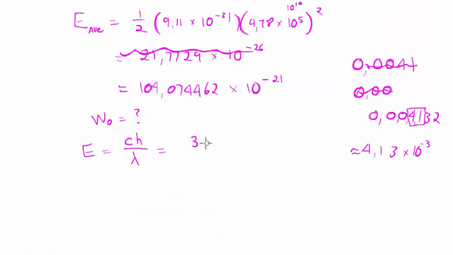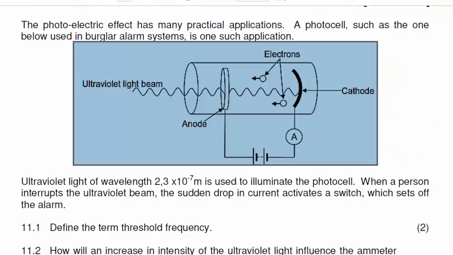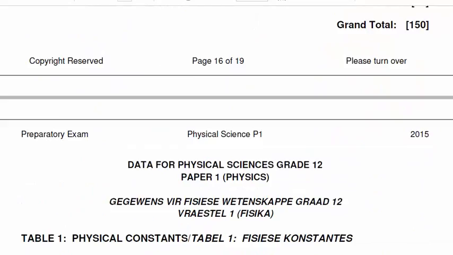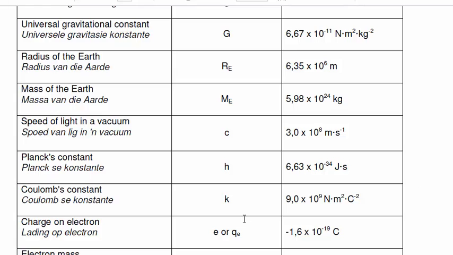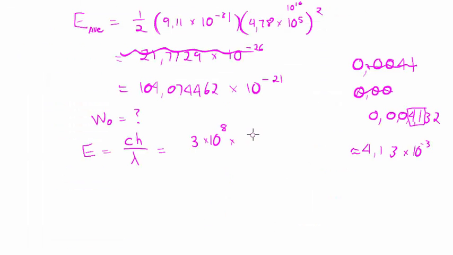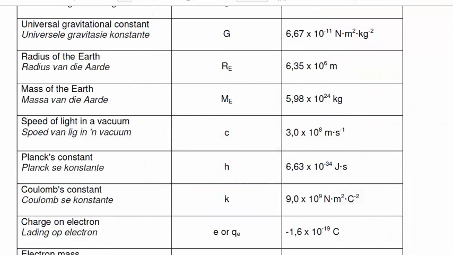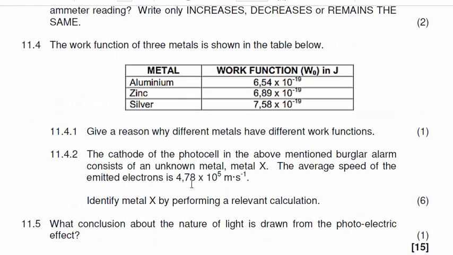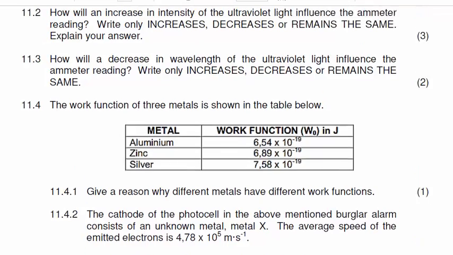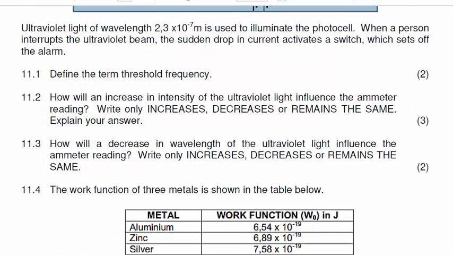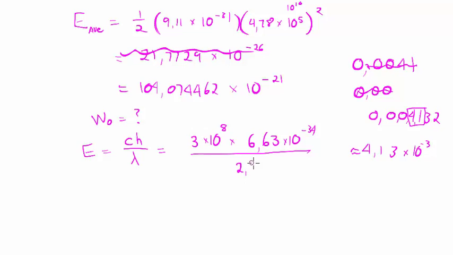So this is 3 times 10 to the power of 8 times Planck's constant, 6.63 times 10 to the power of -34, divided by the wavelength, 2.3 times 10 to the power of -7.